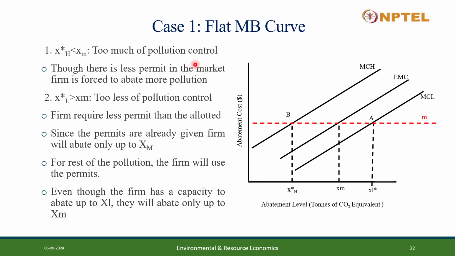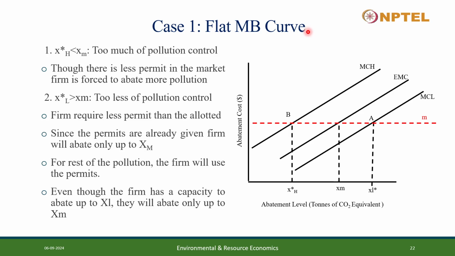In the previous case, we discussed the emission tax system, the case where MB is flat. We observed that the private optima and social optima converge and the emission tax system is effective.